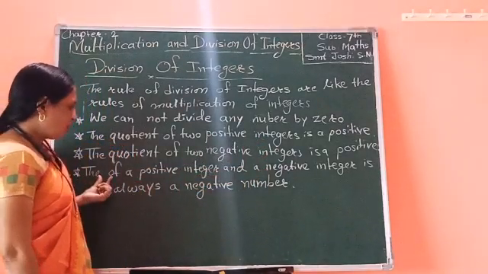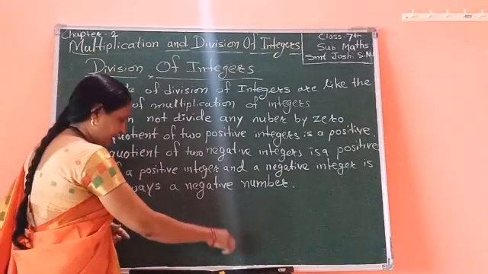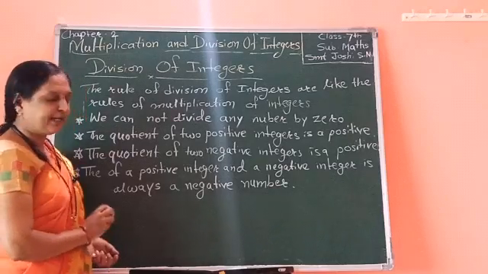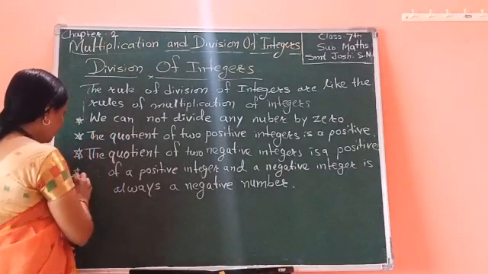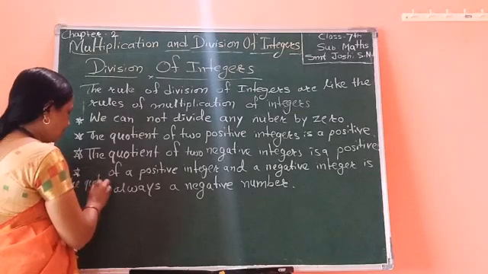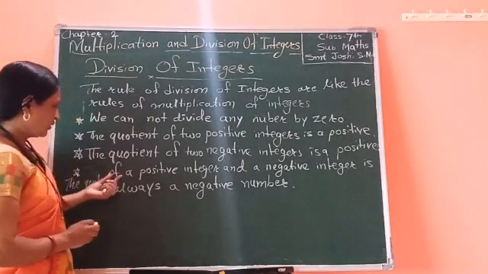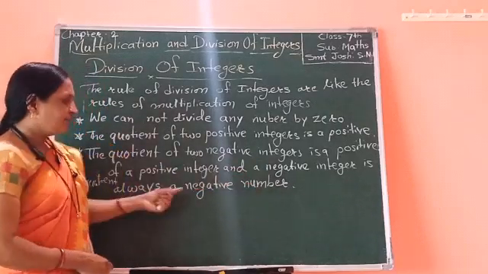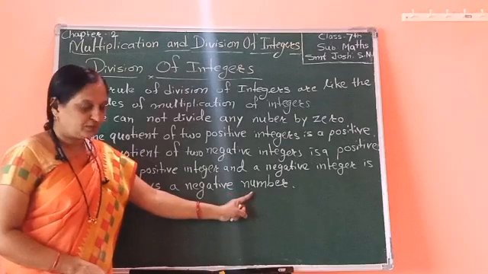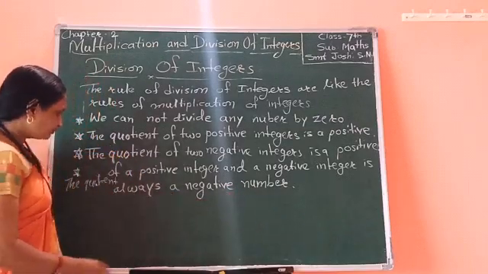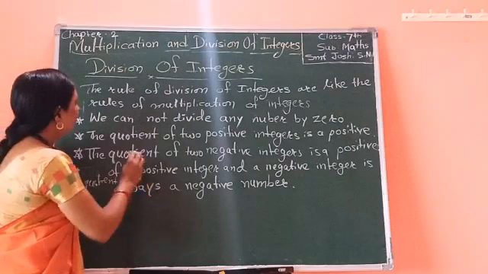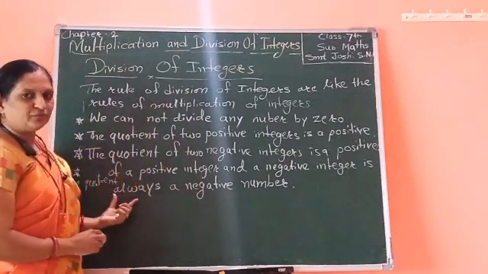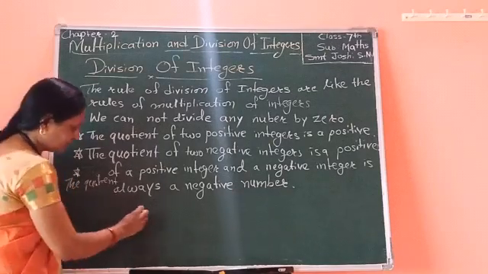The quotient of a positive integer and a negative integer is always a negative integer. Using these rules, we can solve some examples.